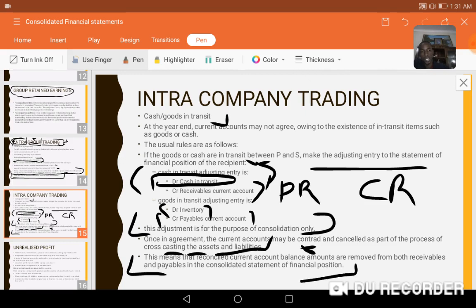Yes, like I was saying earlier, these balances are prohibited in consolidation. They must be removed, because they are family trading. It's like trading or selling to your sibling. You can't really say you made a profit.